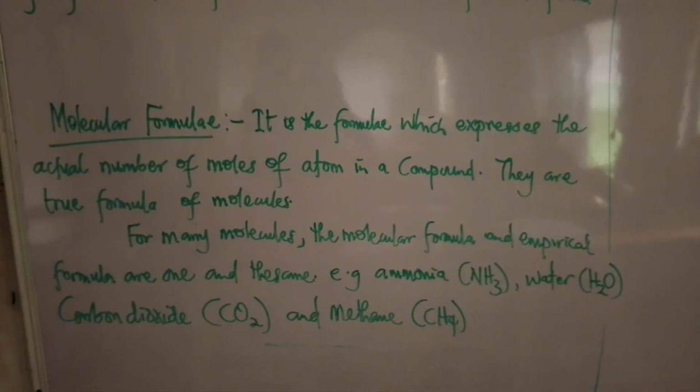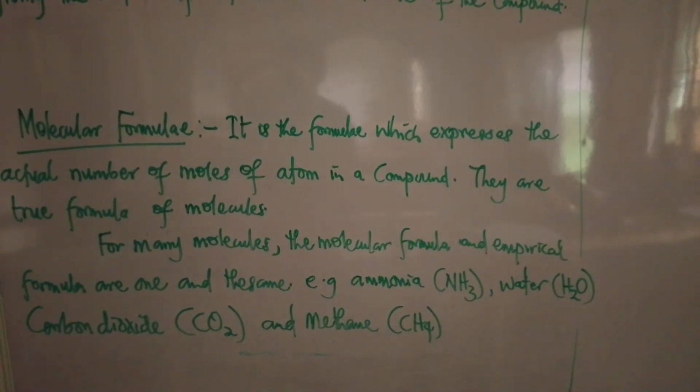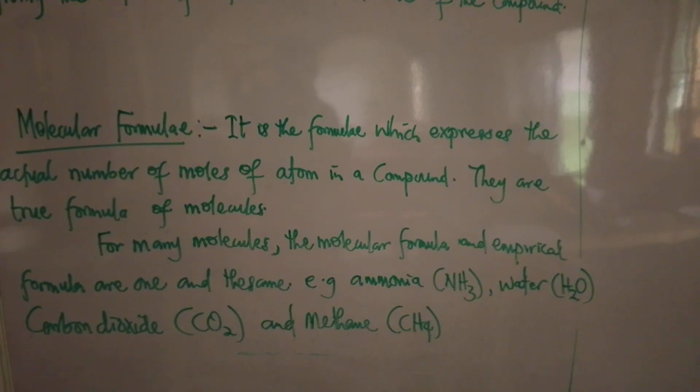Molecular formula is the formula which expresses the actual numbers of moles of atoms in a compound. They are the true formulae of molecules. For many molecules, the molecular formula and the empirical formula are one and the same.